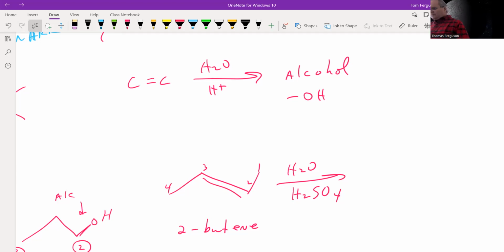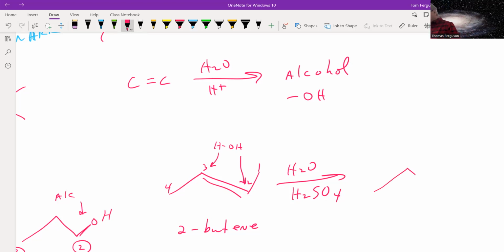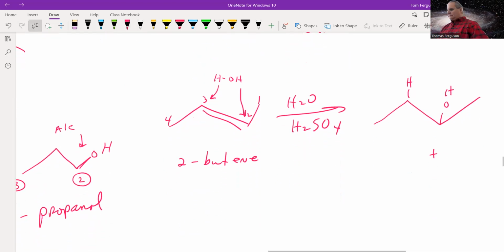So that means the water is first going to add like that, and it's going to add the other way.